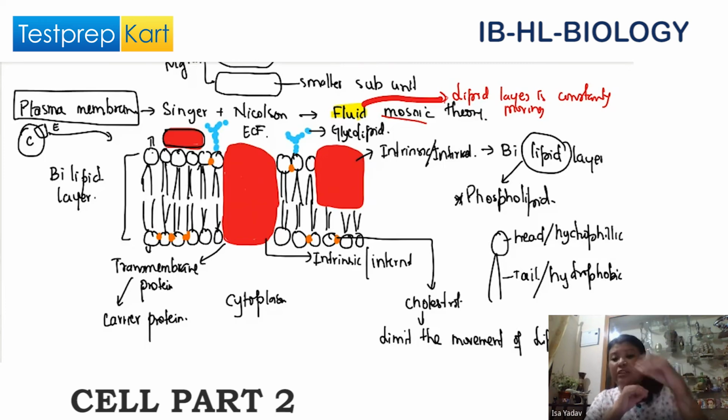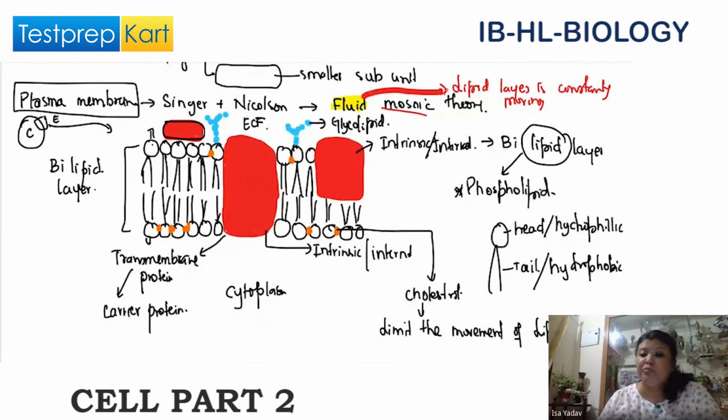They help to recognize different cells. Glyco means carbohydrate, lipid means fat. Whenever a carbohydrate is combined with lipid, it is called a glycolipid. Clear?